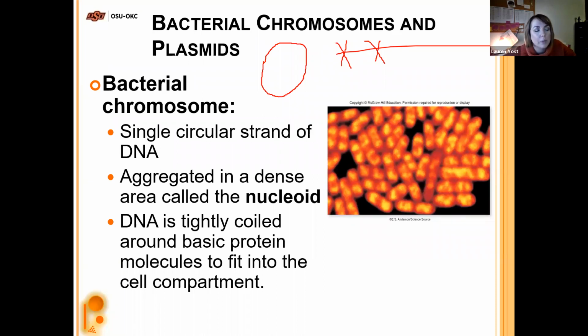Their normal genetic makeup is just one circular strand of DNA. It's contained in a region of the cell that we refer to as the nucleoid. Like I said, they don't have any way to wall it off, so it's just in a general area called the nucleoid. It's tightly coiled around proteins, so it can fit into that area of the cell.